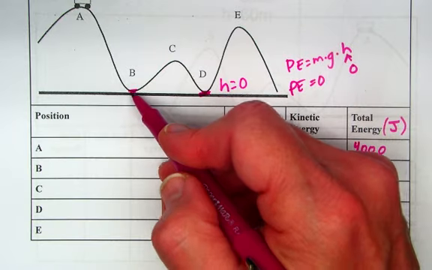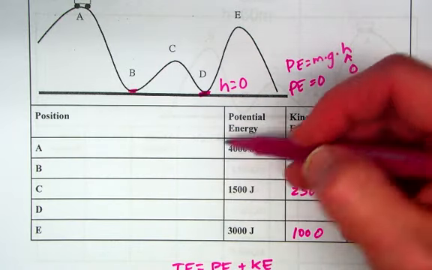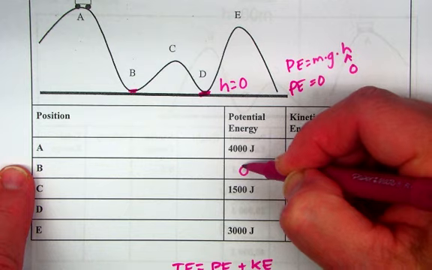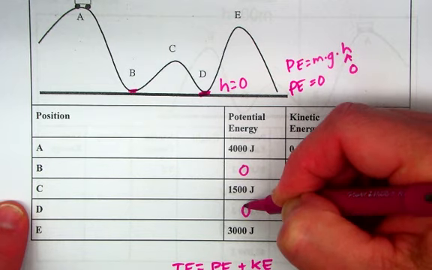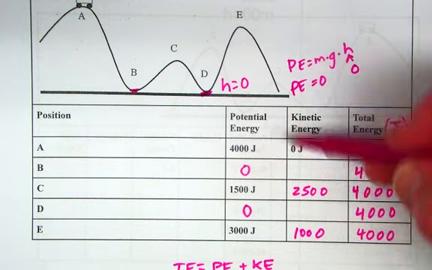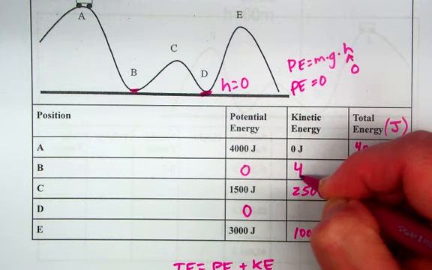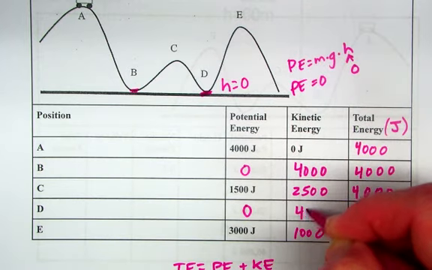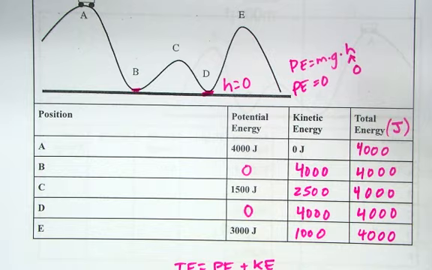So at positions B and D, I can conclude that my potential energy is 0. Therefore, all of the energy has been changed to kinetic, and that must mean the kinetic energy at each location is 4,000.